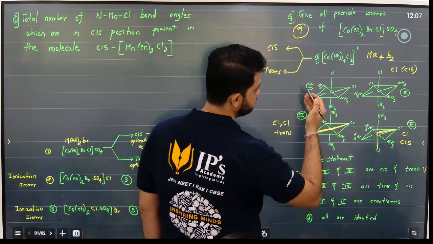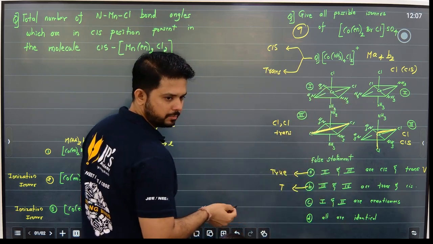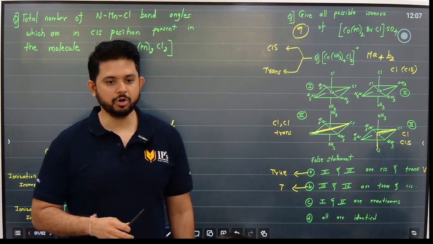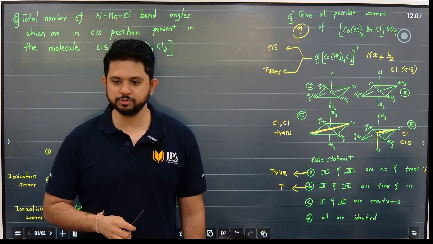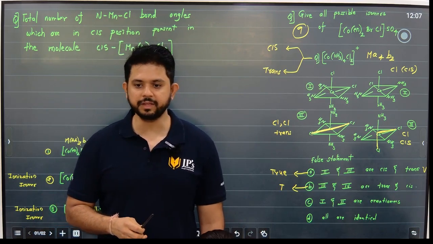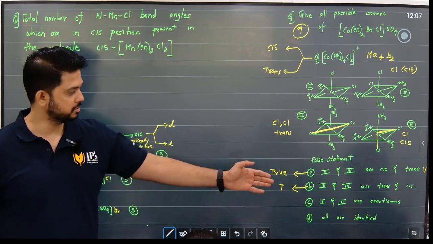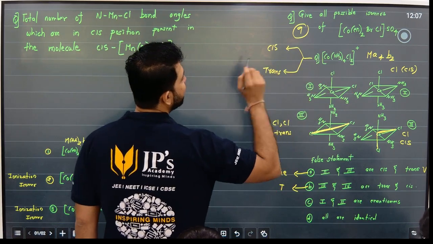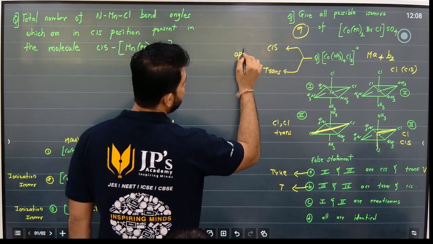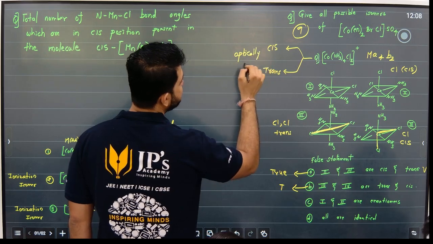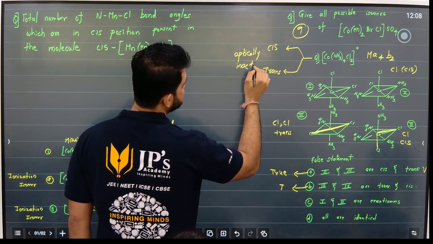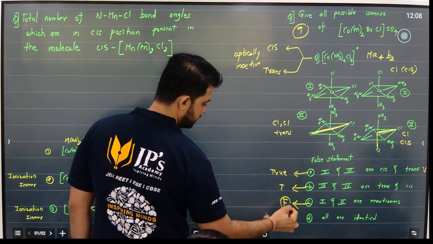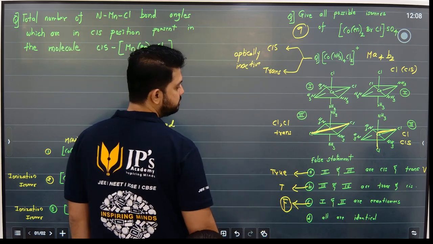1 and 2 are enantiomers. What were enantiomers? Excellent. Non-superimposable mirror images of optically active compounds. Excellent. So is this optically active or inactive? MA4B2 is optically inactive. So where did enantiomers come from? You will get that?